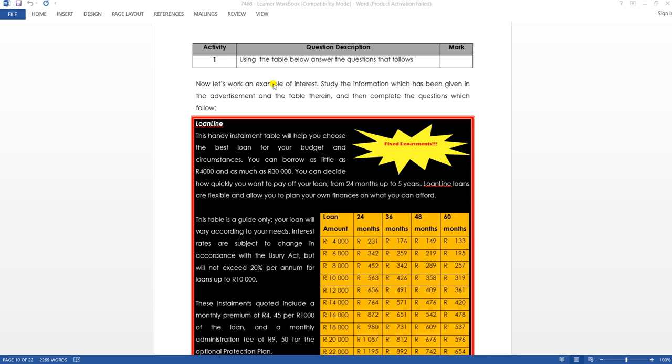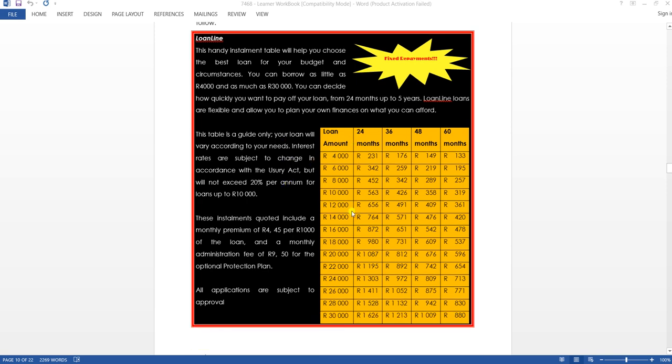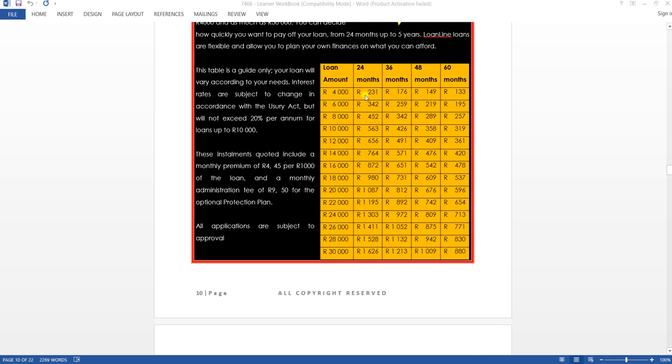For activity one, using the table below, answer the question that follows. Let's look at an example of interest. Study the information which has been given, the advertisement and the table therein, and then complete the questions which follow. We've got loans up to 30,000, and for 2 years or 24 months you pay this kind of amount for this kind of loan that you've taken.